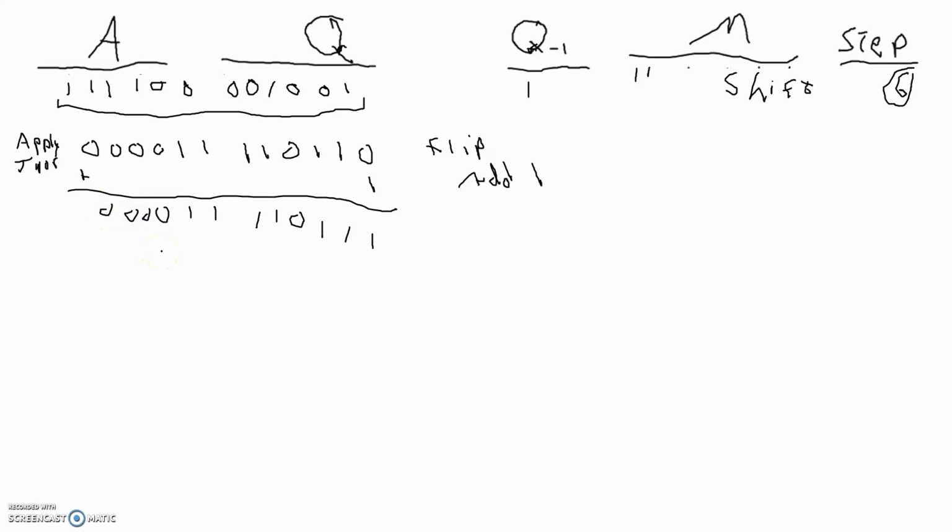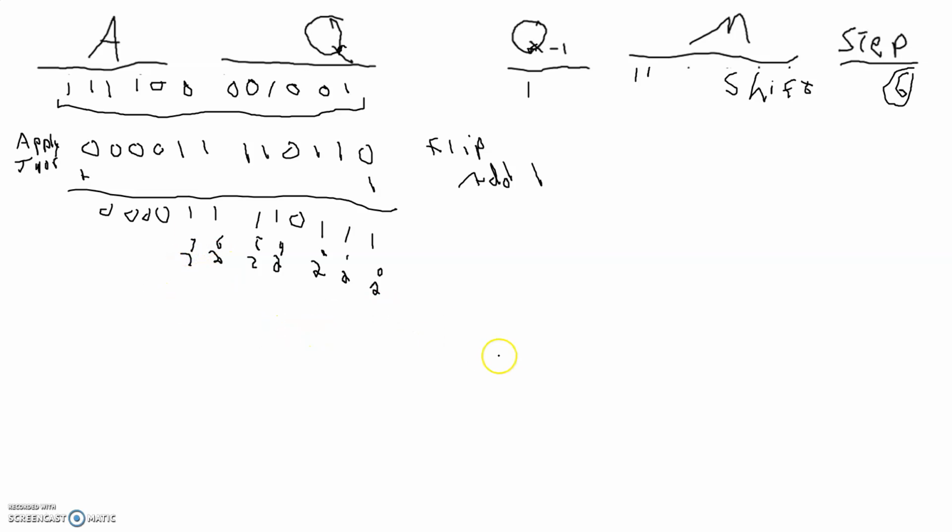Okay. And so again, we're trying to figure out this number right here, which is a negative number because of the 1 here. It's a negative number of what? Well, it's a negative number of this. And so trying to figure out what this number is, so 2 to the 0, 2 to the 1, 2 to the 2, 2 to the 3, which will be 0, 2 to the 4, 2 to the 5, 2 to the 6, 2 to the 7.